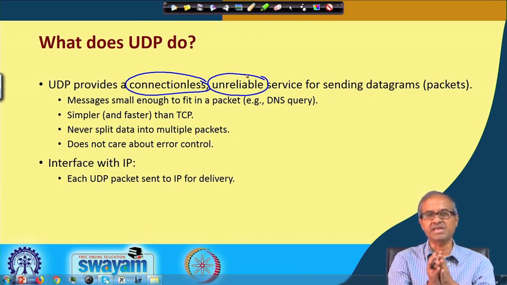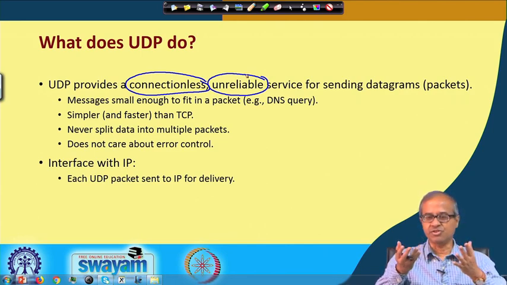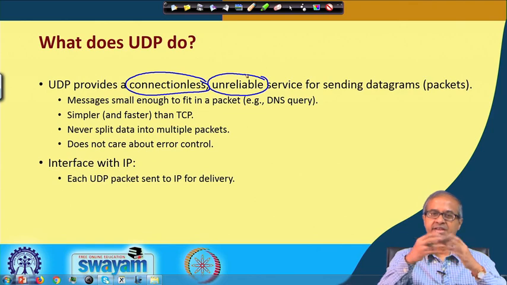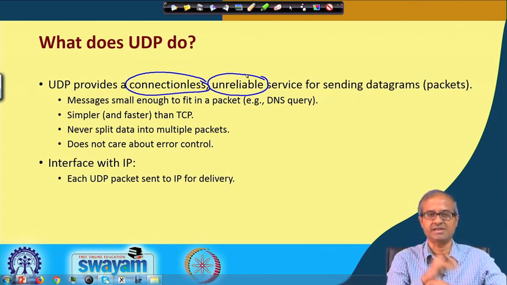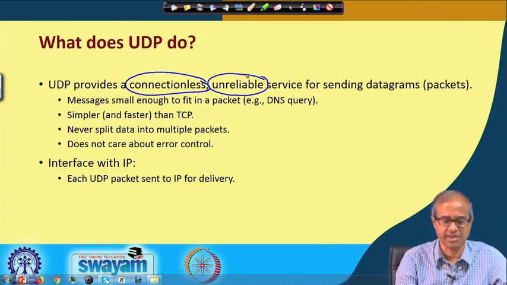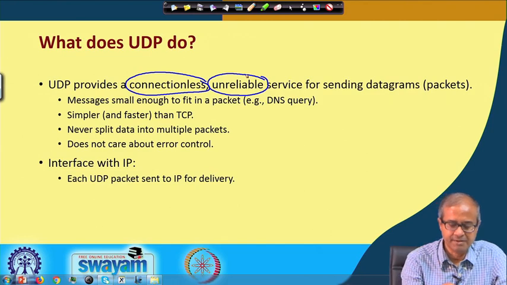So, there are some applications where reliability of communication is not important and we can use UDP, because UDP is much simpler to use, the packet format is simpler and it is also faster. We shall see later how the packet formats look. So, UDP is simpler, and because it is simpler, it is faster.